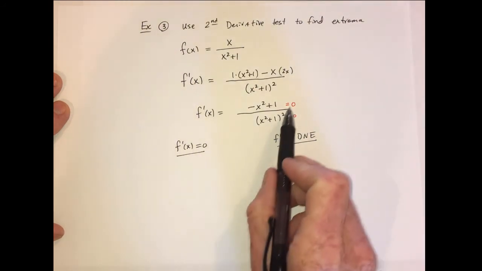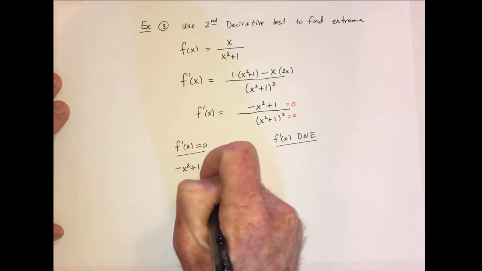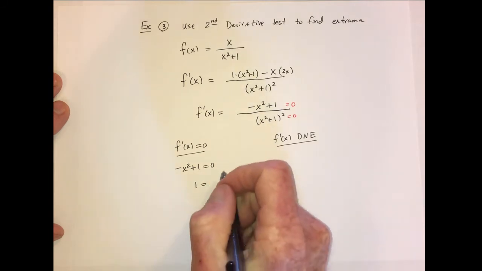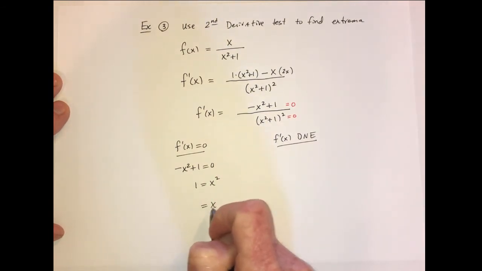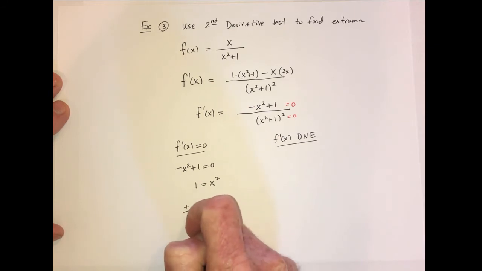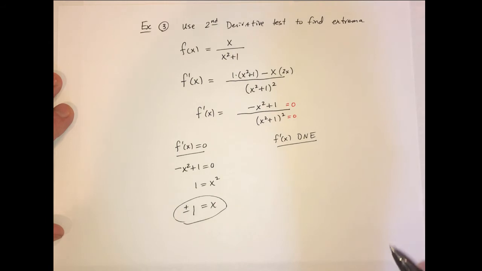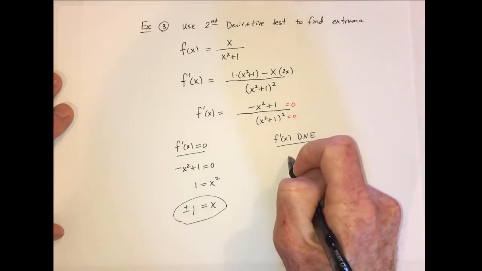So this one is when the top equals 0. And then we could do the algebra. Add x squared to both sides, take the square root, and when you do, don't forget to put plus or minus the square root of 1. So there's two answers. When you set the bottom equal to 0, that's where it does not exist.